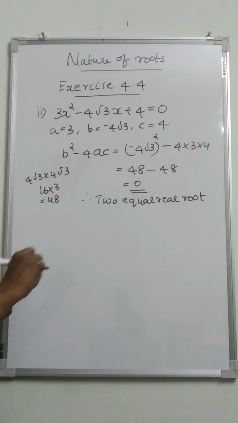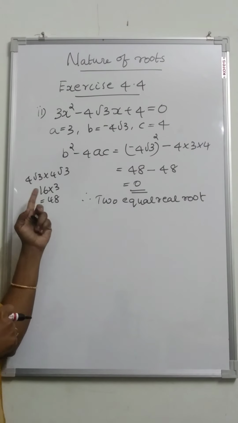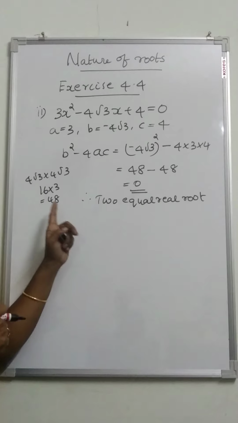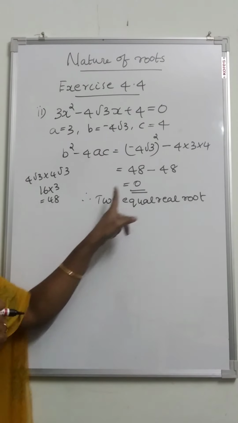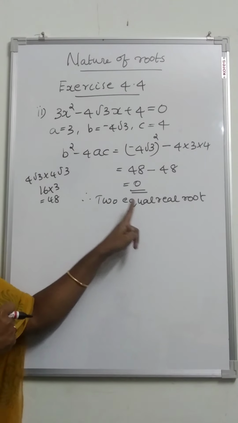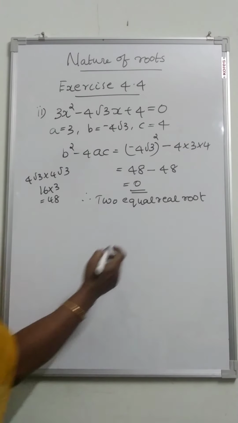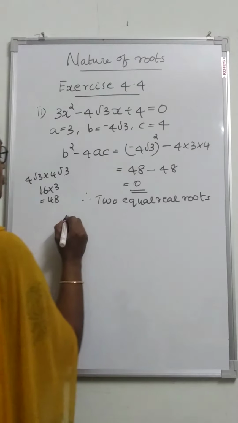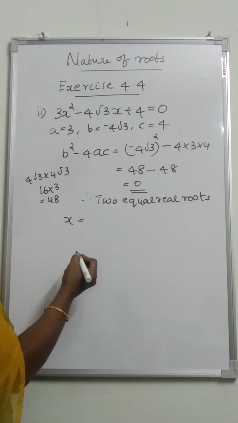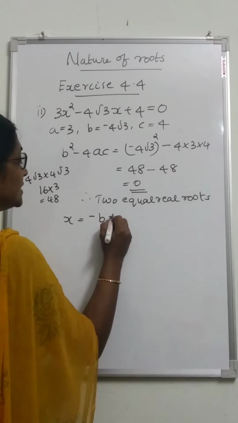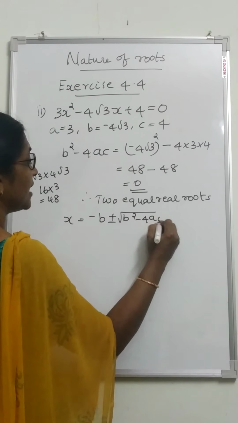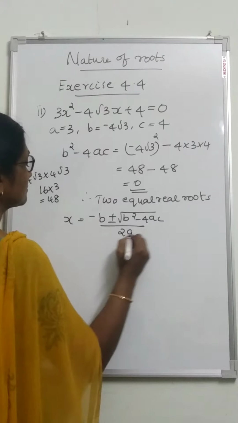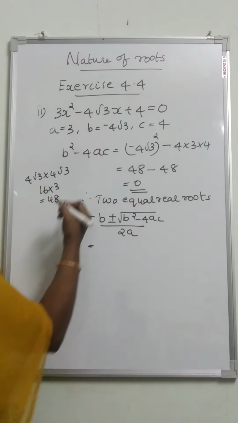If the roots exist, find the value of x or find the roots of the equation. Here, the B square minus 4AC is equal to 0. Therefore, it has two equal real roots. Okay. Then, x is equal to minus b plus or minus root of b square minus 4ac by 2a, is equal to minus b.